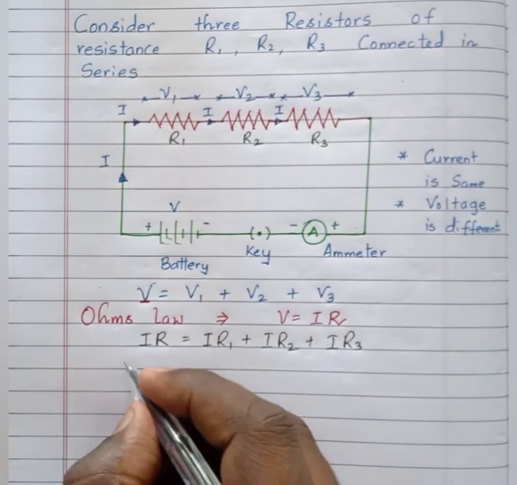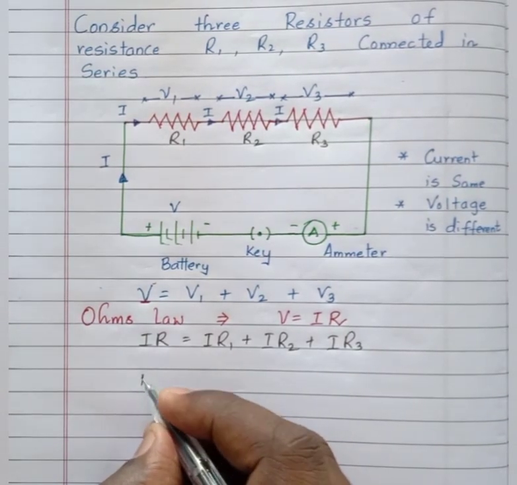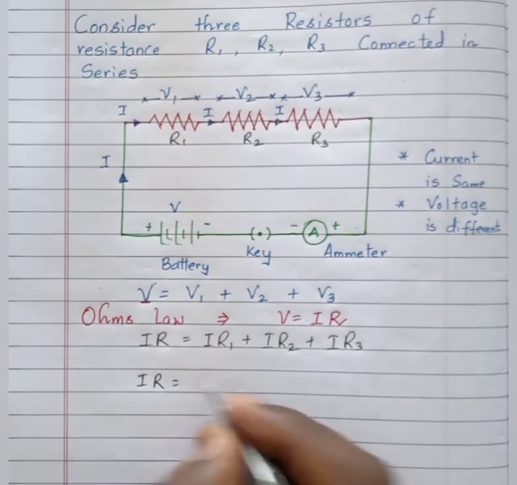So, V equals IR, V1 equals IR1, V2 equals IR2, V3 equals IR3.